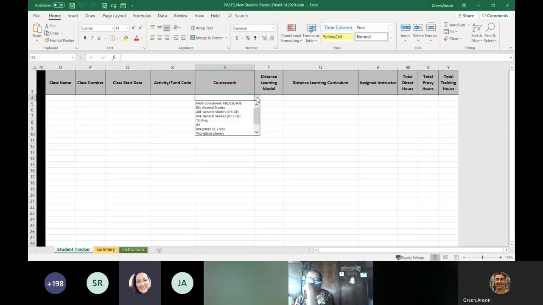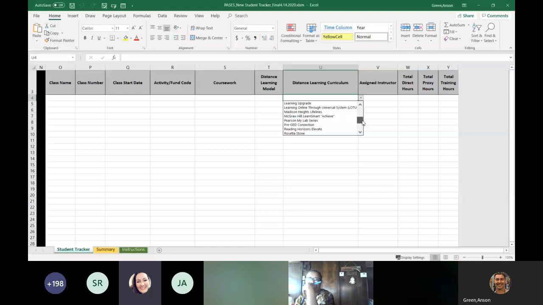So just like if you were filling out and completing a new class in Teams, if you click the drop down in coursework, you're going to be able to select the corresponding coursework that eventually will be built out into Teams. Same with the distance learning models and the distance learning curriculum. When you select the model, then you're going to have in the next column the curriculum associated with the model that you selected.